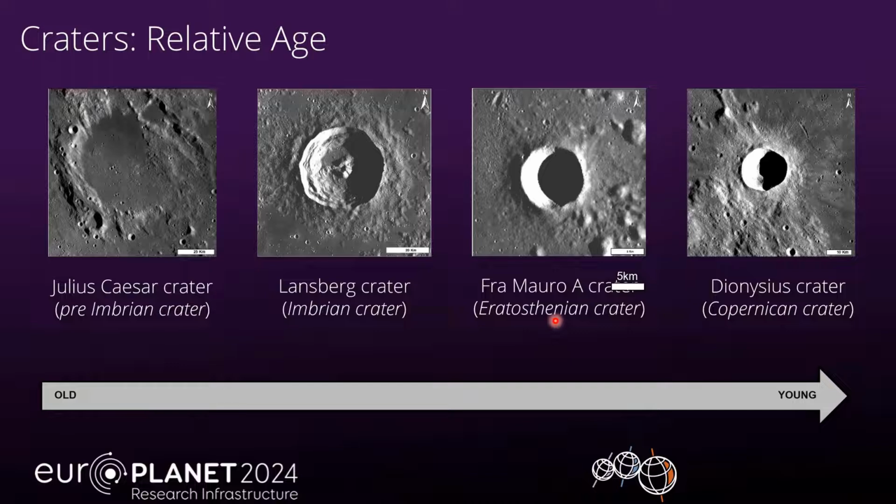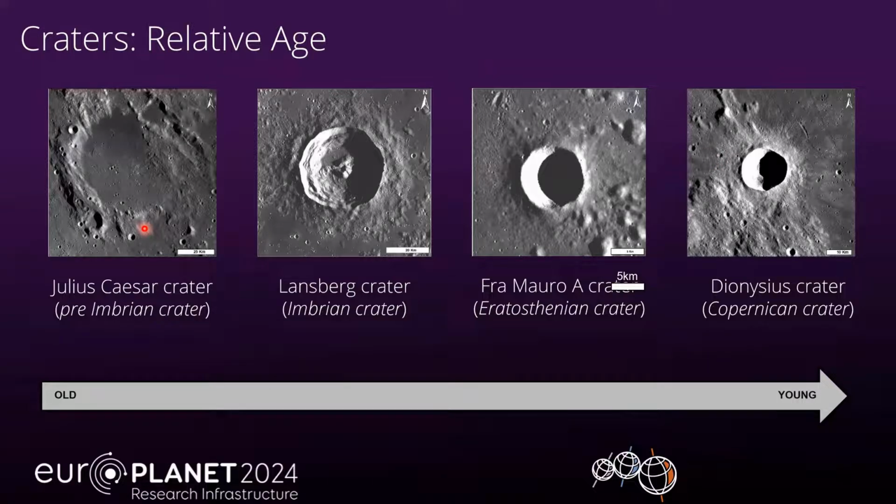And Copernican age craters formed after 1 billion. Copernicus crater is the sort of the type crater for this. And this is the only age that's not specifically tied to this crater. It's 1 billion years and older, approximately.